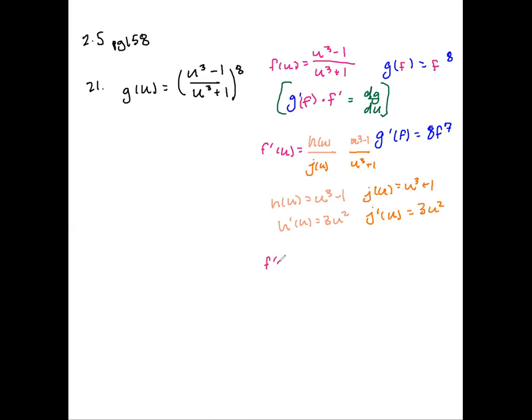So f prime of u is going to be equal to h prime j minus j prime h over j squared, I believe, if I can remember my quotient.